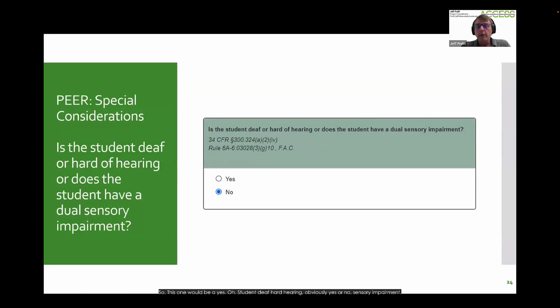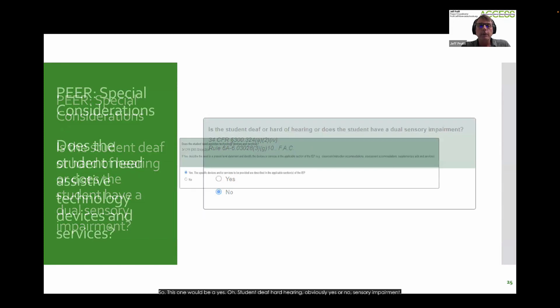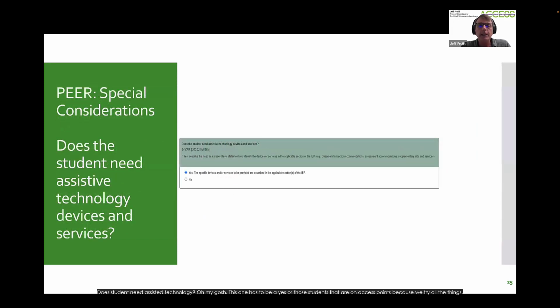Student deaf or hard of hearing, obviously, yes or no. Dual sensory impairment. Does the student need assistive technology? Oh my gosh. This one has to be a yes for those students that are on access points, because we try all the things.